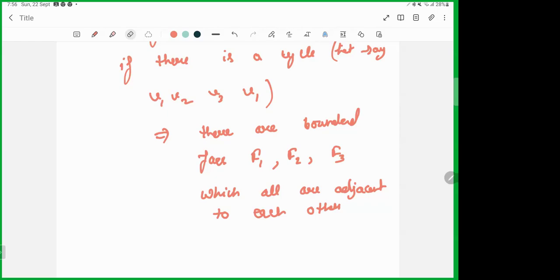So if there's a cycle, then there will be a face adjacent to at least three of the regions, right? Because say we have the first region adjacent to the second, then we go on. So you can kind of imagine triangles one after another.